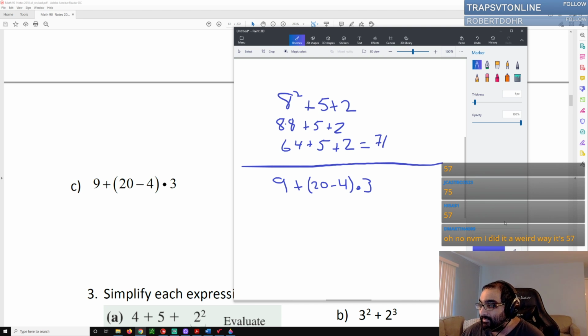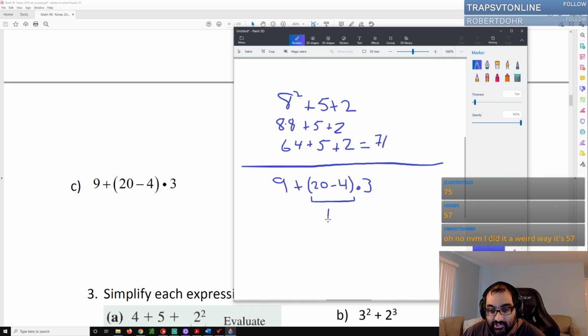Okay. So, first thing that we have to do here, as I mentioned, is 20 minus 4, which is 16. That's the first thing we have to do. Then you have to do multiplication next. Remember, addition and subtraction come last.